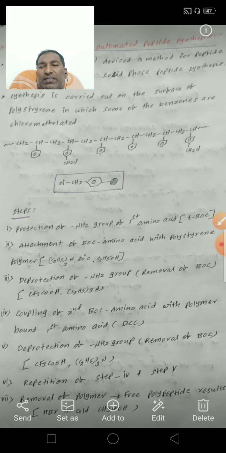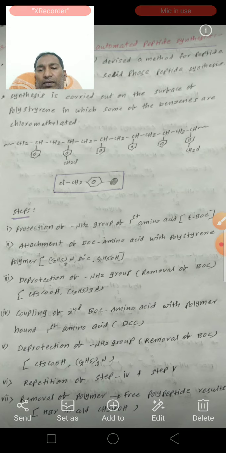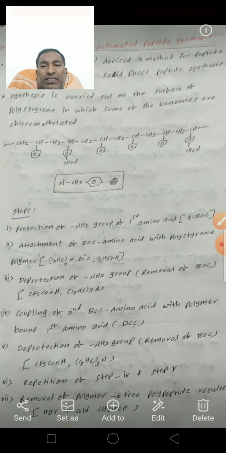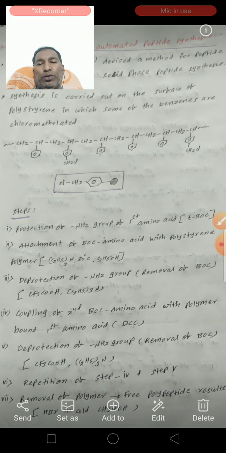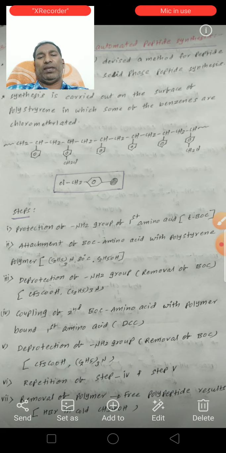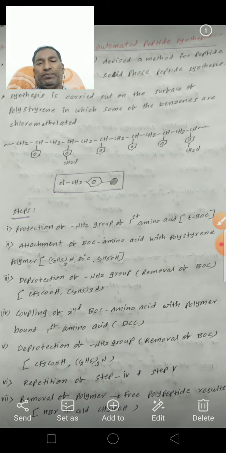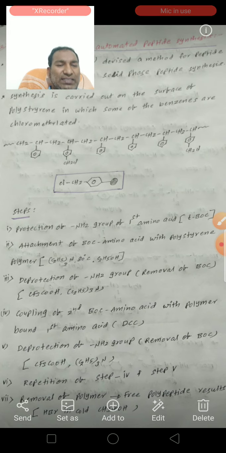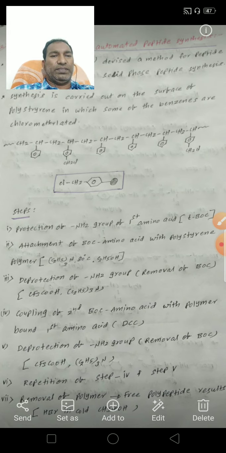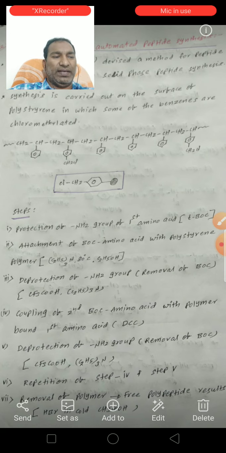These fourth and fifth steps are repeated to form a polypeptide with polymer. This can be treated with HBr in cold acetic acid, so then we can form a free polypeptide and polymer.